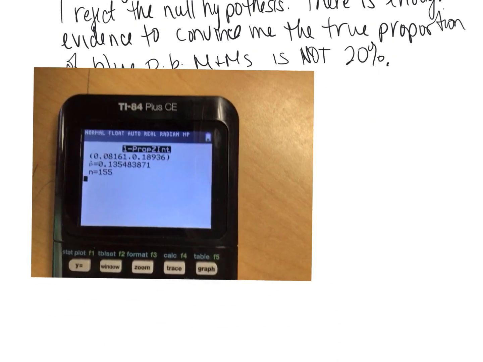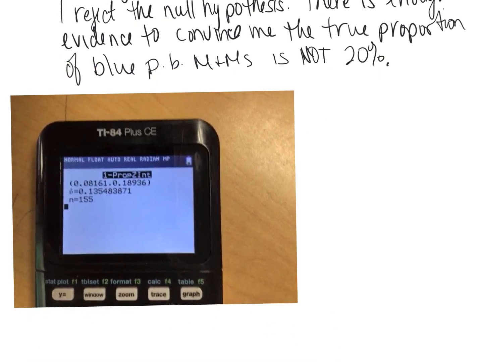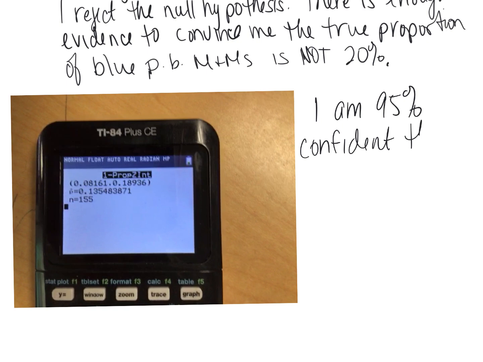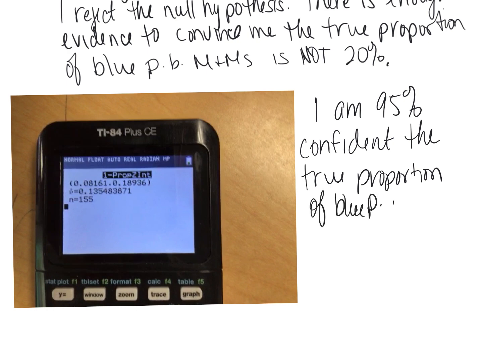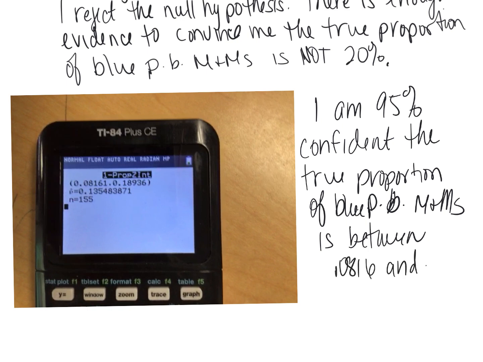Okay, so I am 95% confident the true proportion of blue peanut butter M&Ms is between 0.0816 and 0.189.